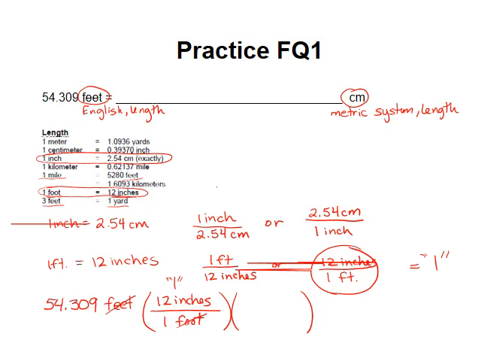Next, we want to get rid of the inches and get our final units of centimeters. So we'll choose this conversion factor that puts the centimeters in the numerator and the inches in the denominator. Again, this allows us to cancel inches and give a final answer in centimeters.